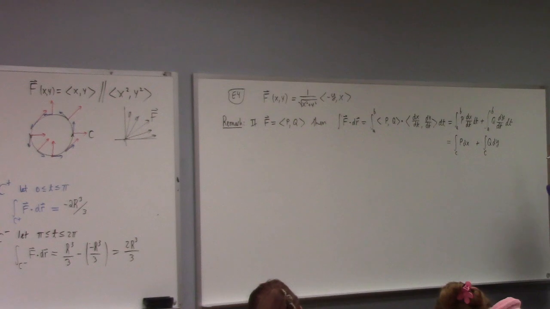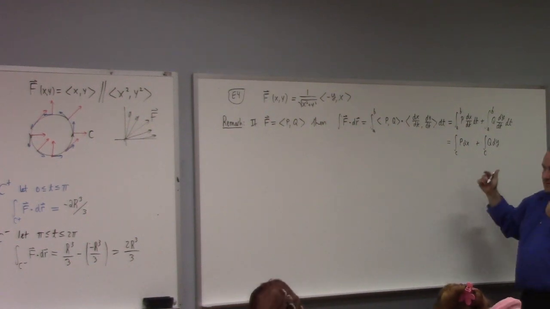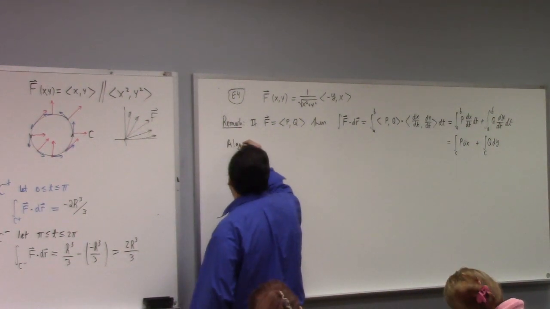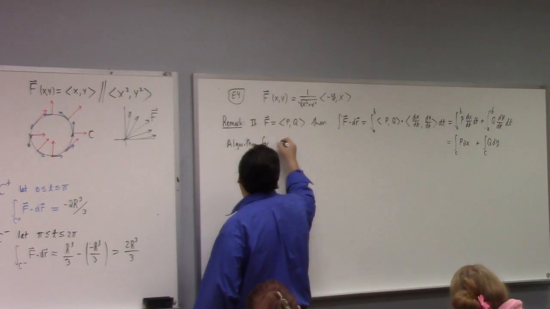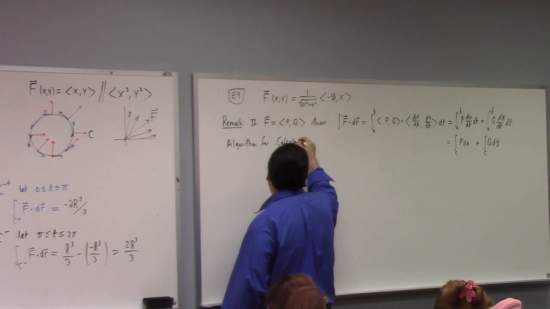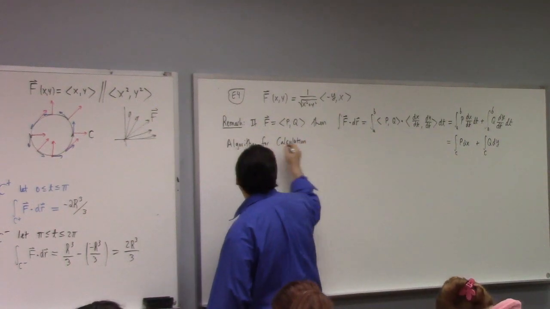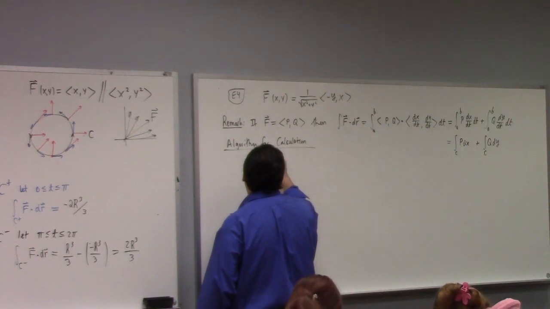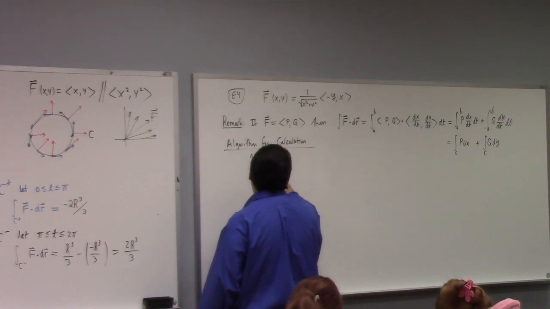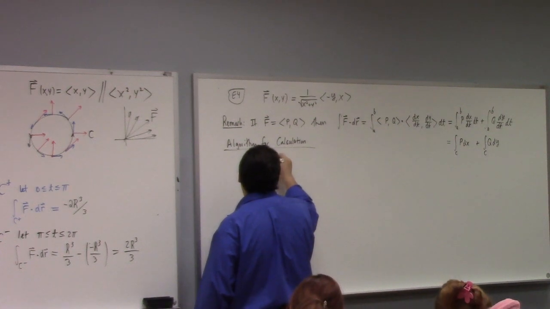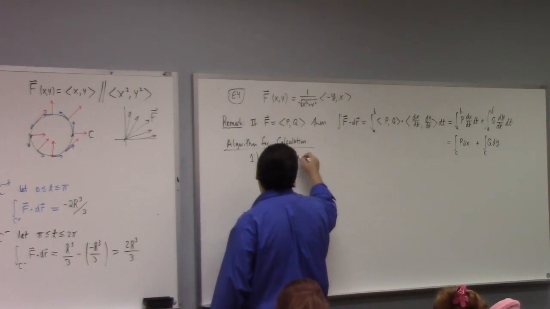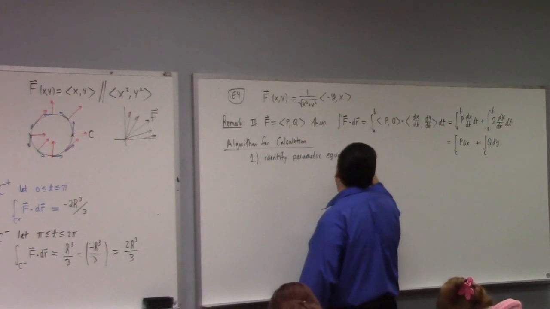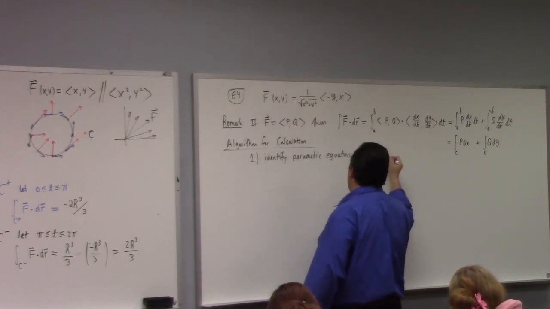This means a way you can calculate the line integral is to write the parametric equations. So here's an algorithm for calculation, an alternative equivalent method. Number one, identify parametric equations for x and for y.